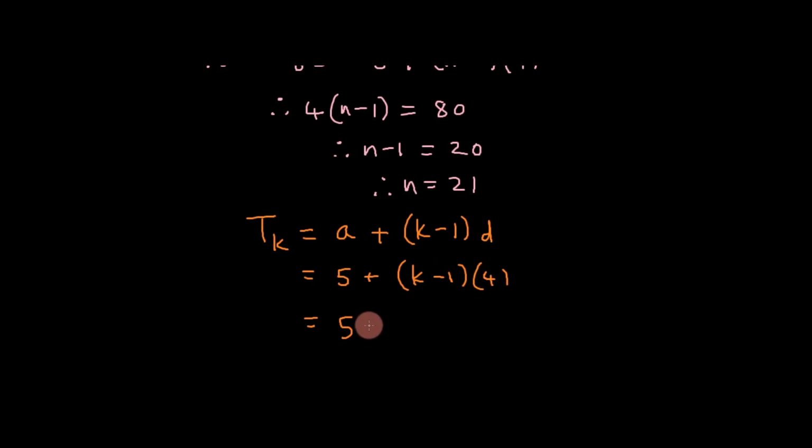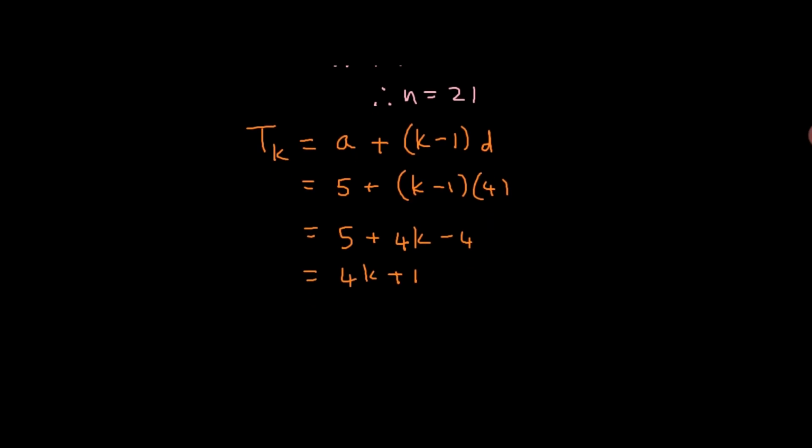So this is 5 plus 4k minus 4, which is 4k plus 1. So now that we have the general term, we can easily write down the sigma notation. So it's a sum where k goes from 1 to 21. We saw that we had 21 terms of the general term.